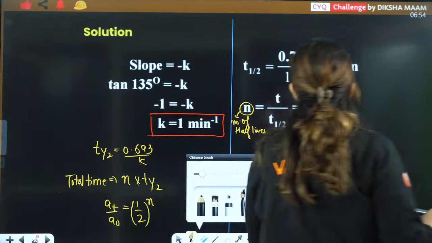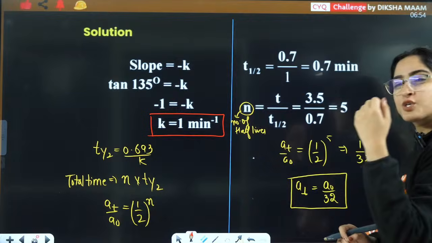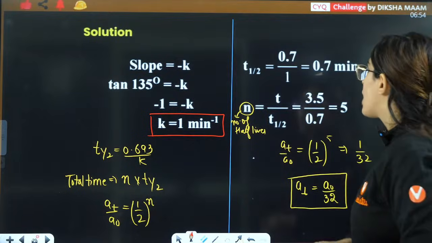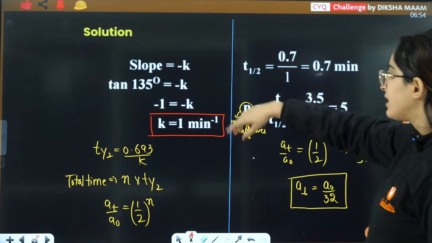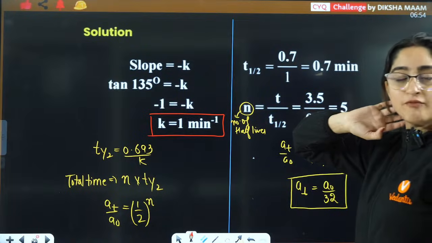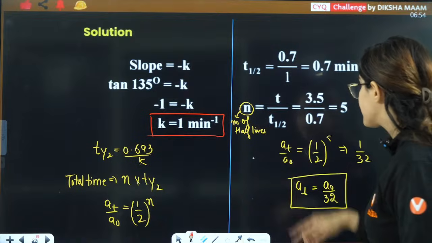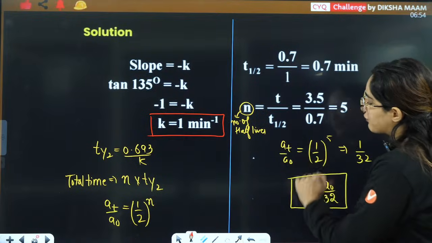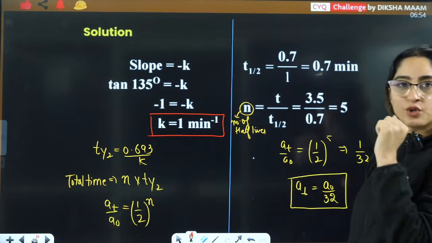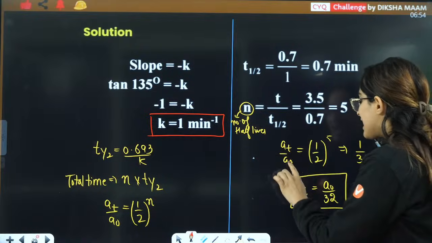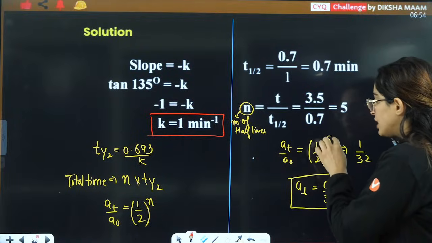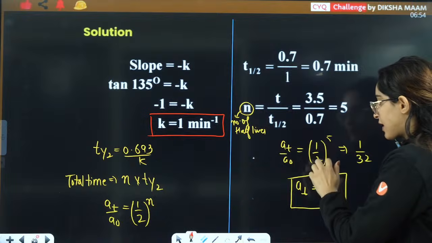Just remember this N is the number, or they can also ask you directly from the question, what is the total time? What if they don't give you the total time? They give you the reverse. They give you the value of A naught. They give you the value of At. Then they ask you the total time. How do you calculate? A naught and At, 1 by 2, A t by A naught is 1 by 2 raised to power n.